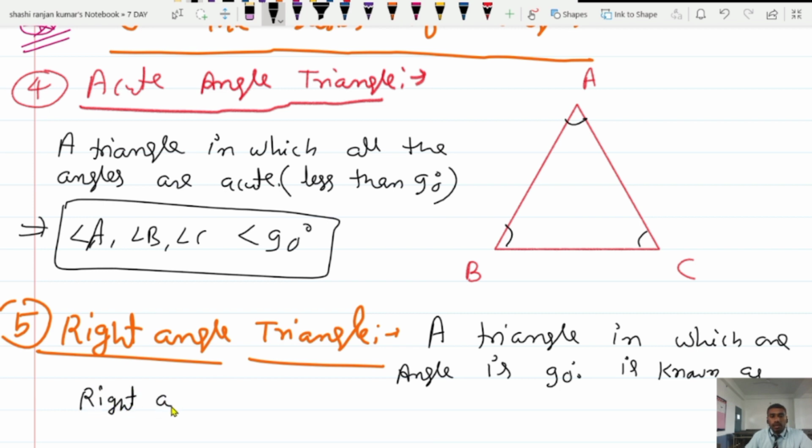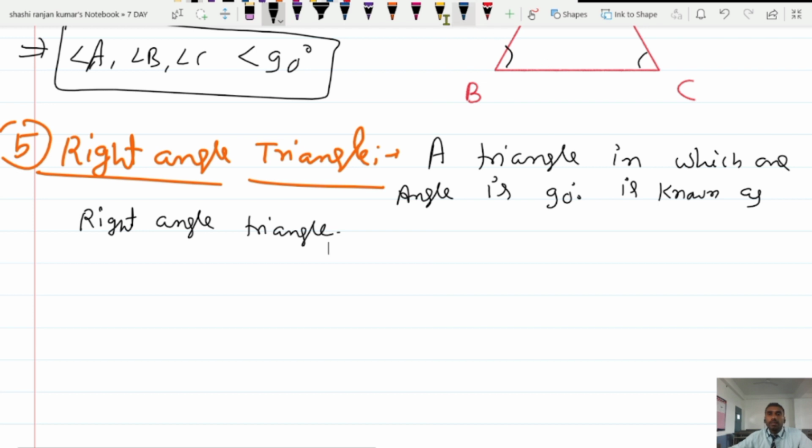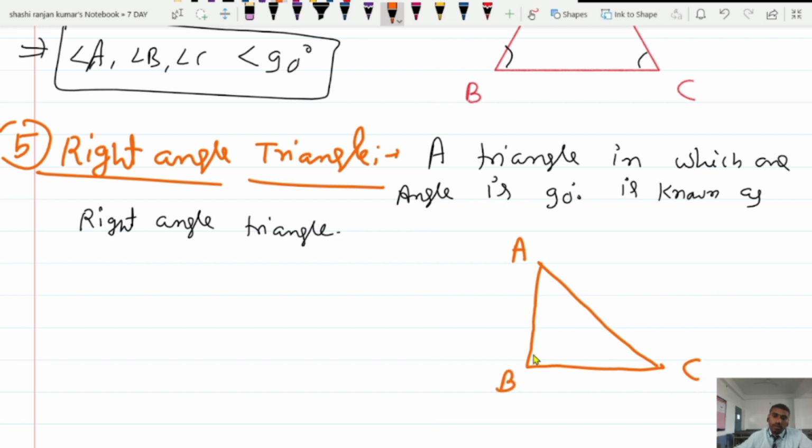We can make a diagram of a right angle triangle. Let us suppose this is the right angle triangle. This is the point A. Here we have B and this is C. This is the angle we have taken as 90 degrees, right?